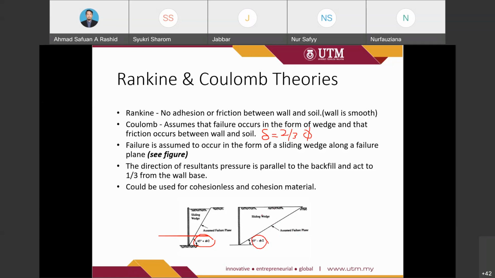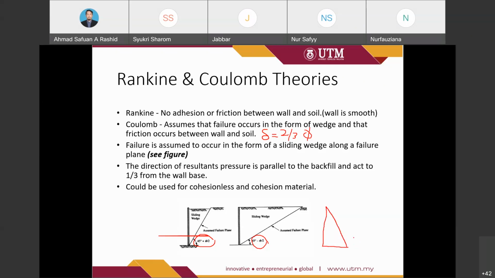For example, if this is one layer of soil, when we calculate the effective stress for this single layer of soil, it will show a linear increment with the depth.